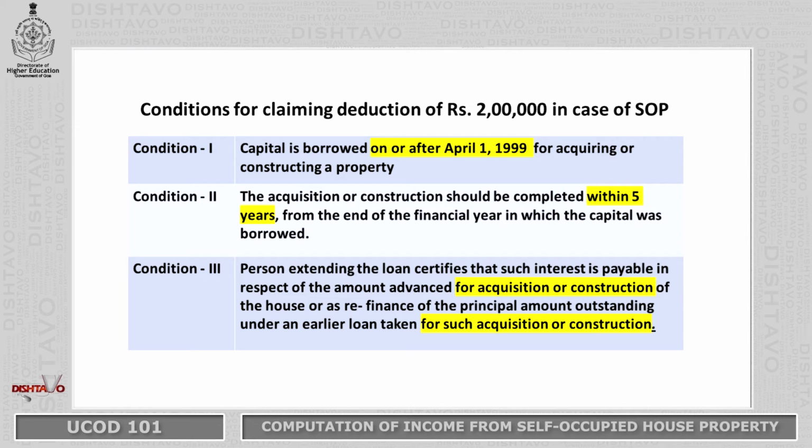And the third condition is the person who is extending the loan, the institution from where the loan is given, should certify that the money is used for the purpose of either construction or acquisition. Now, suppose it is a case of refinancing, suppose a loan is taken from, let us say, Life Insurance Corporation, and then you shift that loan from Life Insurance Corporation to SBI.